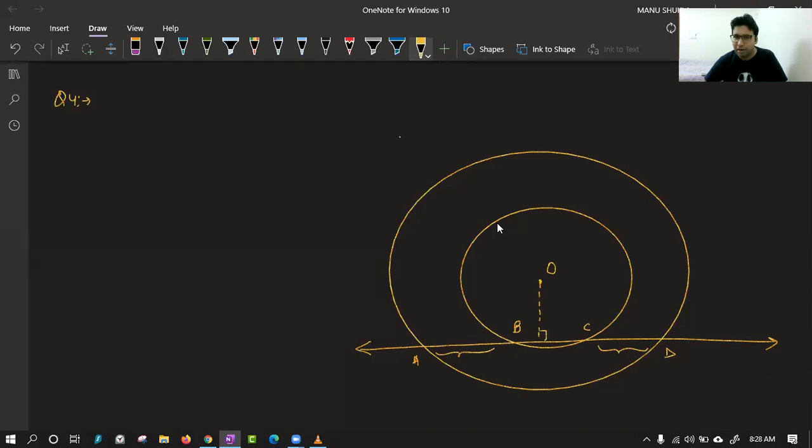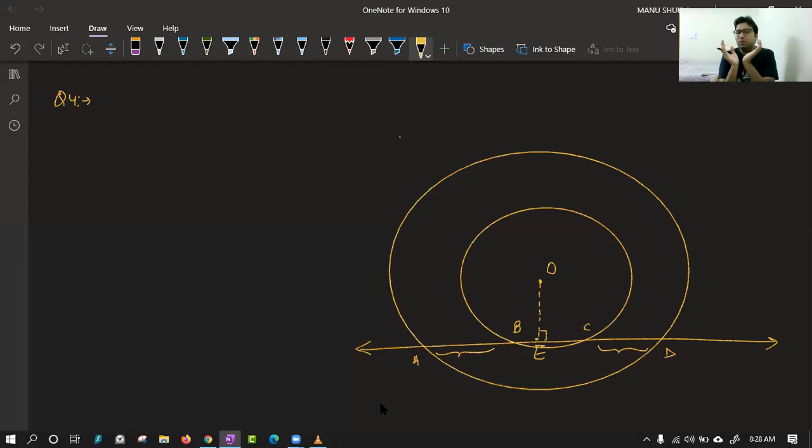Now tell me, I have drawn perpendicular OE. Now what can you say right now in the smaller circle? You can say BE equal to EC. Very good. If you draw a perpendicular from center to a chord, you will bisect the chord.